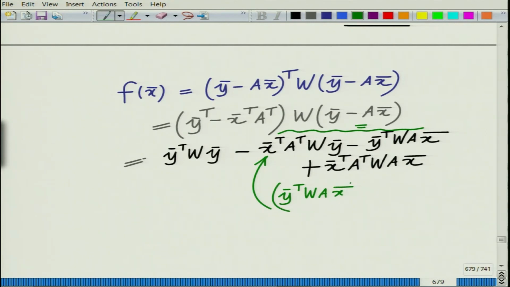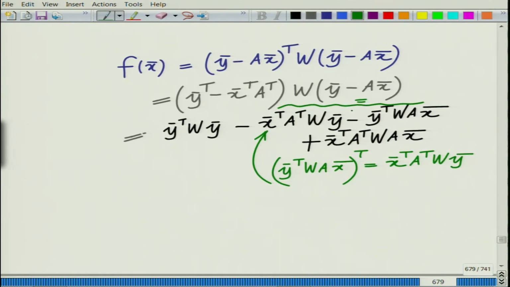These are scalar quantities, which implies that they are numbers. When you take the transpose of a number, it is equal to itself, because it is a one dimensional quantity, a scalar quantity.